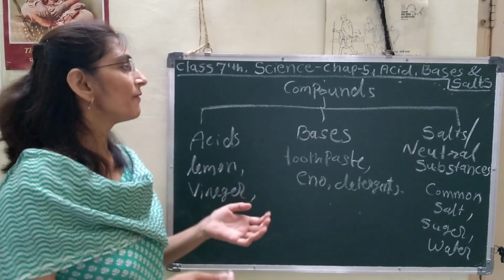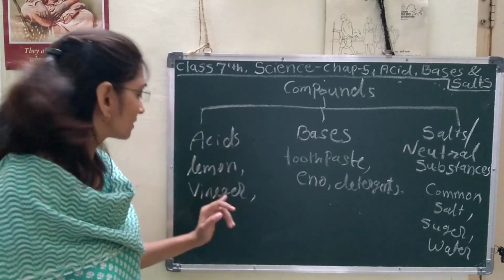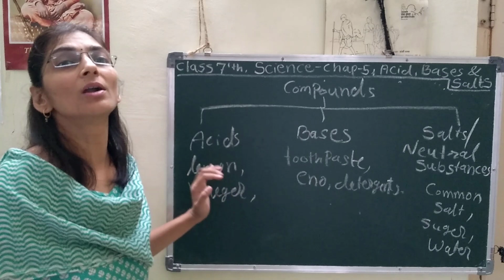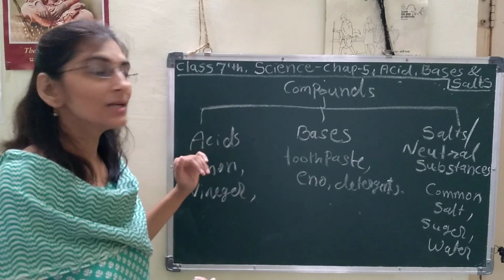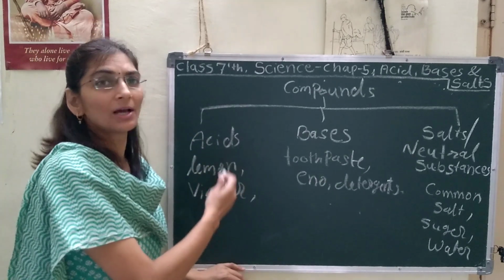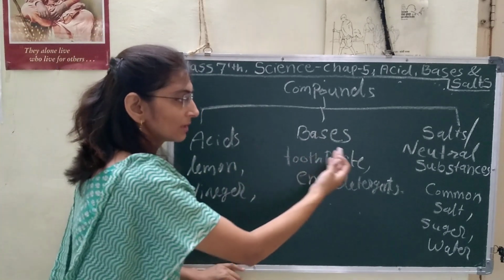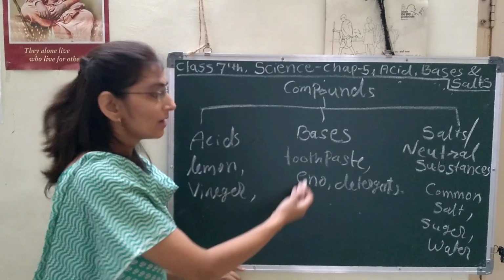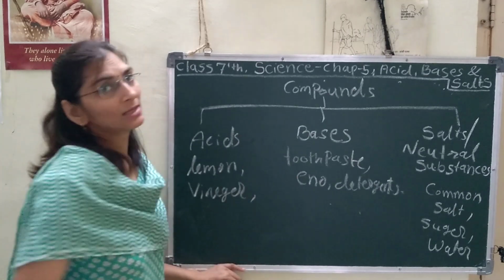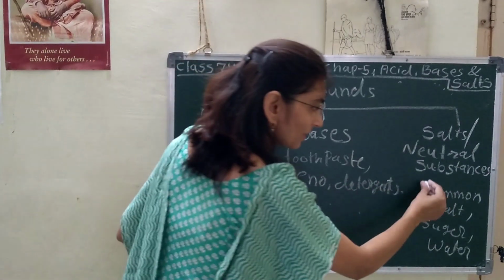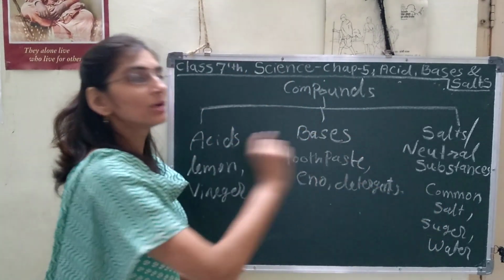We will discuss the special properties of acids: why these special compounds are called acids, and what their physical and chemical properties are. Similarly, we will learn why the substances with basic property are called basic substances, and why this category is called neutral substances.